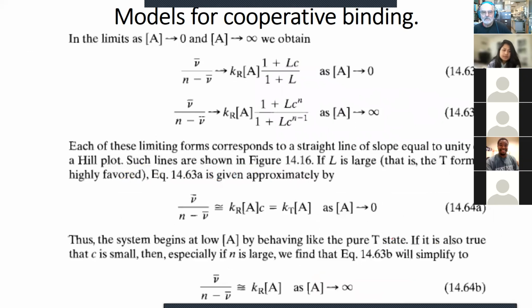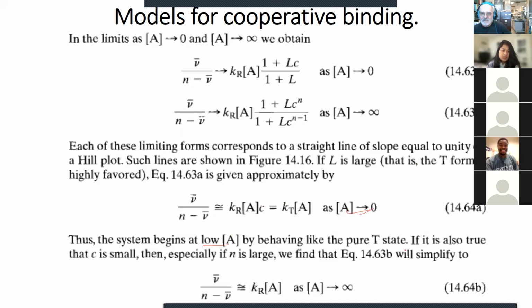Alternatively, at low protein concentration, so, excuse me, I'm mixing up here. Low, so this low A refers to this part.